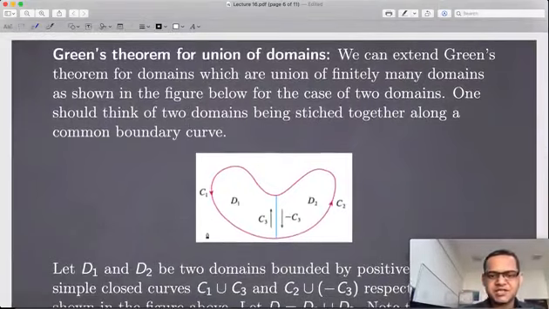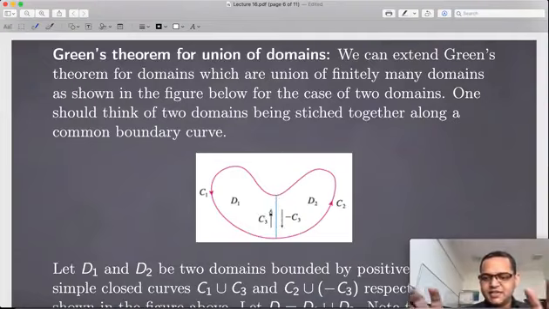So imagine this picture. Here you have a domain D1 and then you have another domain D2, and along this curve, which is a line over here, they have been pasted. So technically you start with two domains and then you paste them along a common boundary.